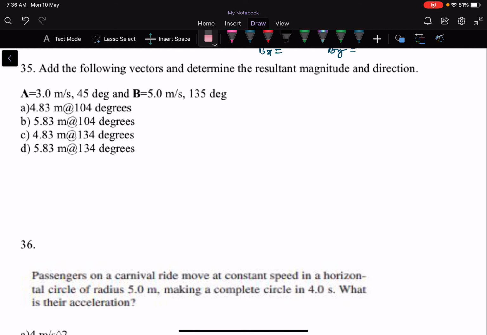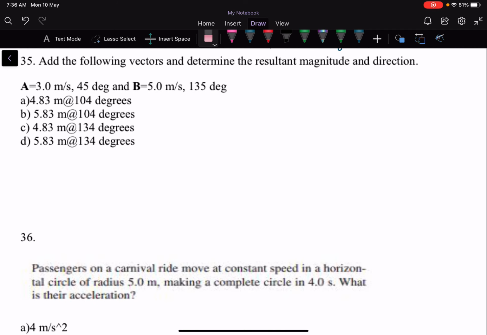Next, question number 35. Add the following vectors and determine the resultant magnitude and direction. A equal to 3 meter per second at an angle of 45. So here we need to find out Ax value and Ay value. Ax equal to A cos theta and Ay is equal to A sin theta. A is 3, so Ax is 3 cos 45 and similarly Ay is 3 sin 45.